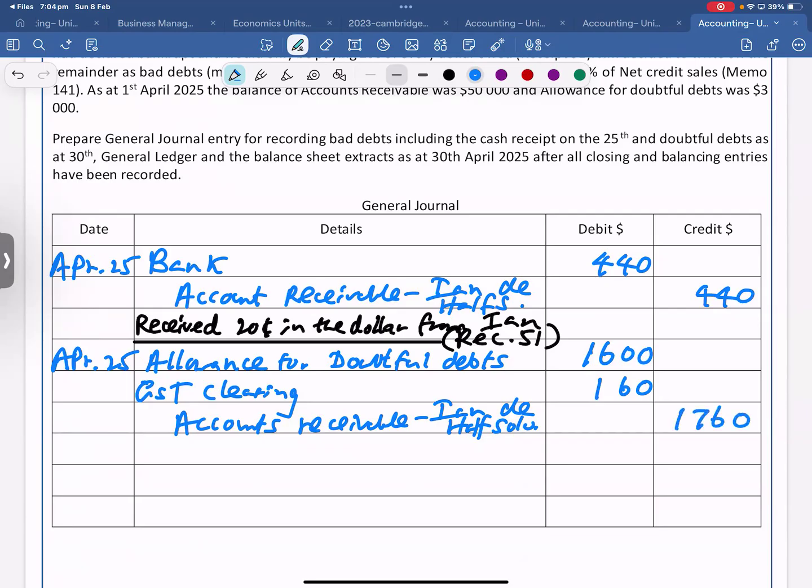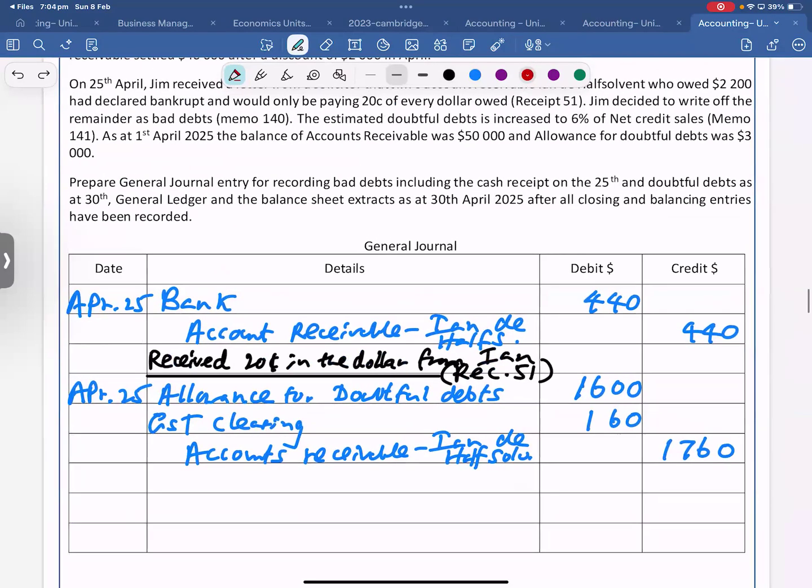And then make sure, guys, at the end of the double entry, that it is adding up. Accounts receivable is 2,200. You don't have to write that one, I just ask you to make sure that it is summing up to 2,200, which is the original debt owed by that man.